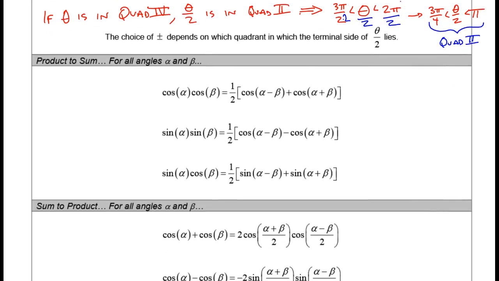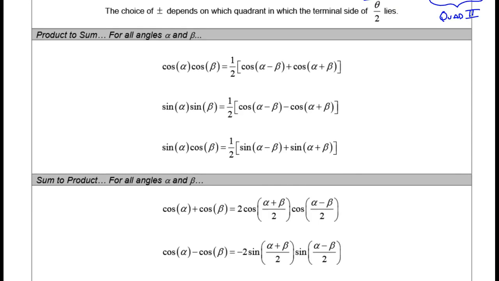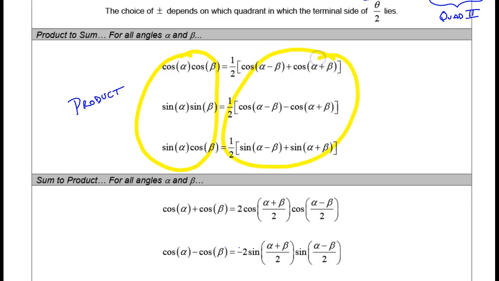Okay, a couple more trig identities here. We have product to sum and then sum to product. The thing I'd like to highlight here is product to sum means I'm changing a product. You'll notice on the left-hand side here it's all multiplication. So we're changing a product to a sum. And this is not a set of formulas you have to memorize.